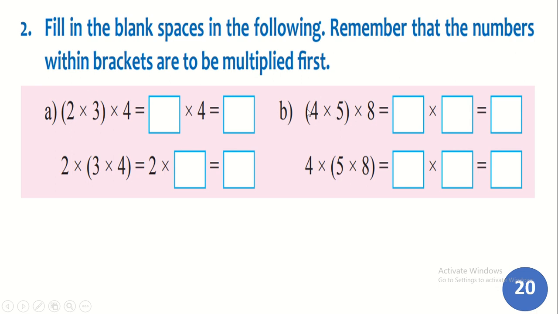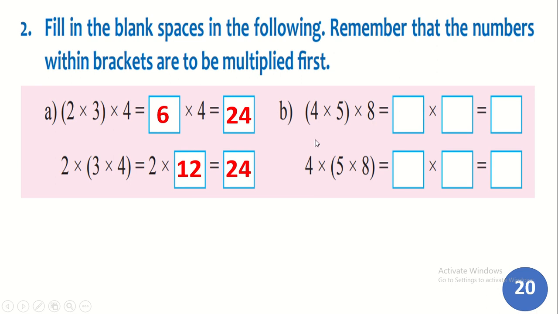Okay, first, letter A is 2 times 3 is 6, and then times 4, the answer is 24. Here the brackets here is 3 times 4 is 12. Then 2 times 12 is 24.